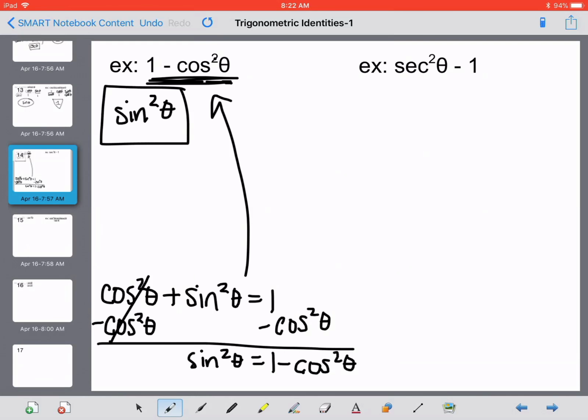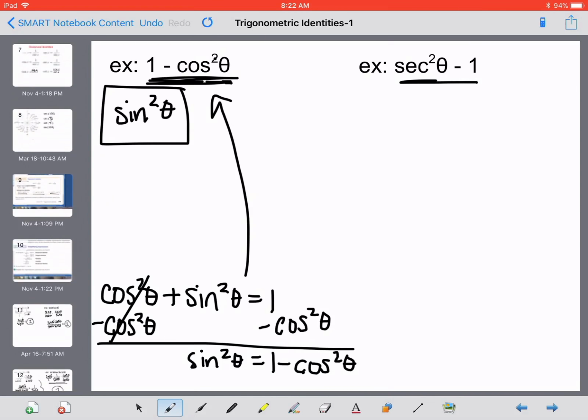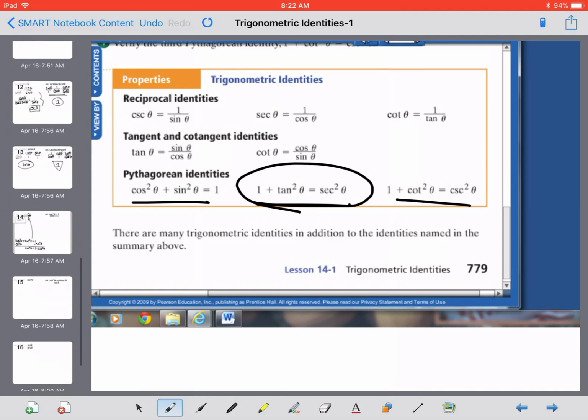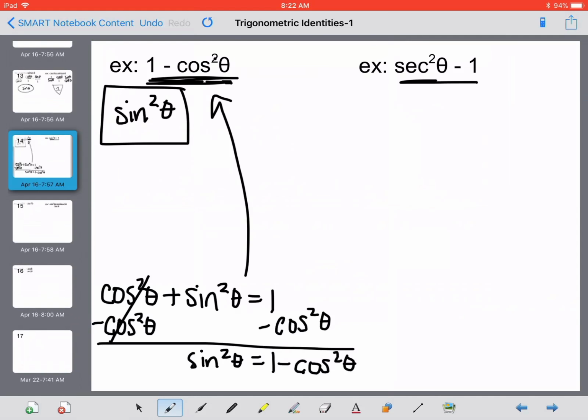All right, so secant squared minus 1. So if I go back to the Pythagorean identities, I'm looking for secant squared. So I see that's that middle one right here. So I've got 1 plus, excuse me, tan squared theta equals secant squared.